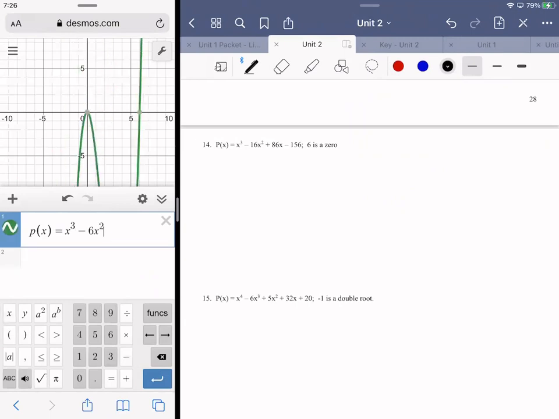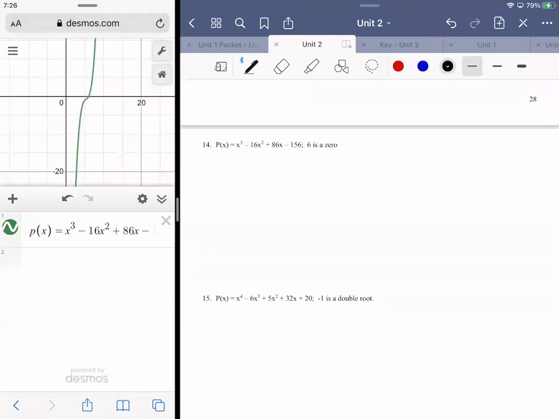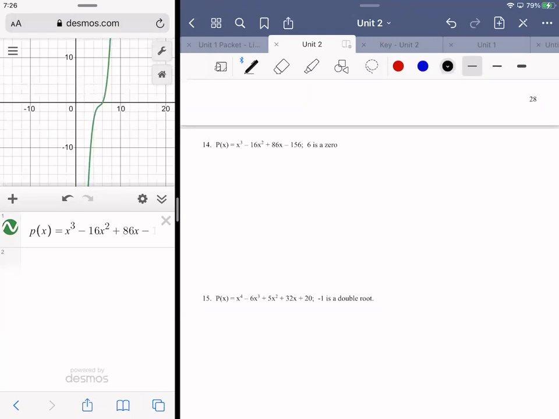I'll let you know in a second where it's supposed to be. Professor, what did you say? Page 28 shouldn't be on top? Yeah, the imaginary root theorem on the top of page 28 shouldn't be there. Should I reprint another sheet after class?